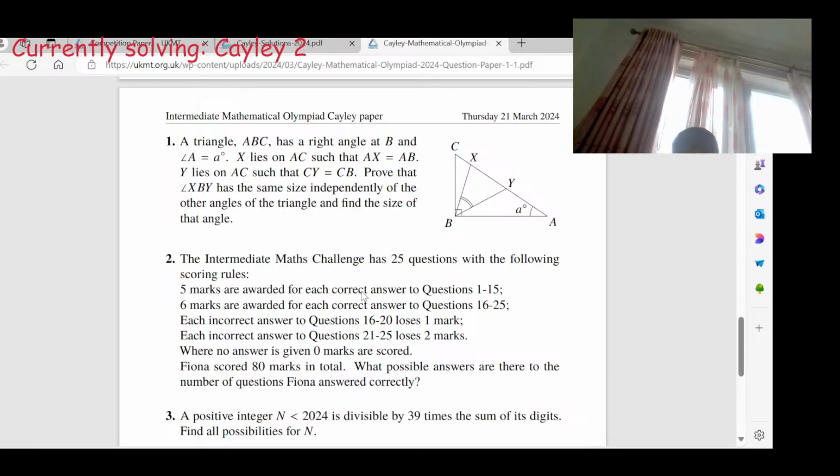You can do 14 times 5, 2 times 6, so 70, 82, and then let's say you lose a mark here. 17, I'm pretty sure you can just do 13 of the first 15, get 3 of the last 10 right, lose a mark on the -2, and lose a mark on the -1. And that gets you to 80 marks.